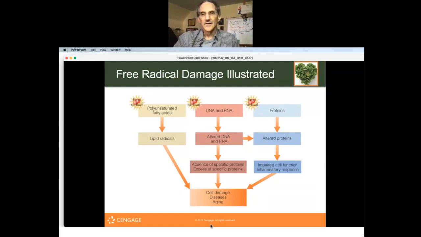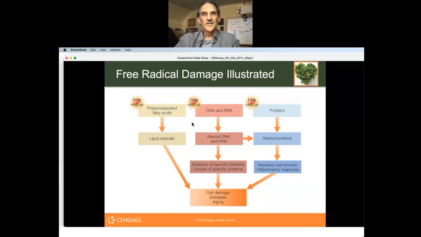This is a figure from our textbook, showing various possibilities of free radicals doing damage to polyunsaturated fatty acids. For the most part, we like to take these in our diet.